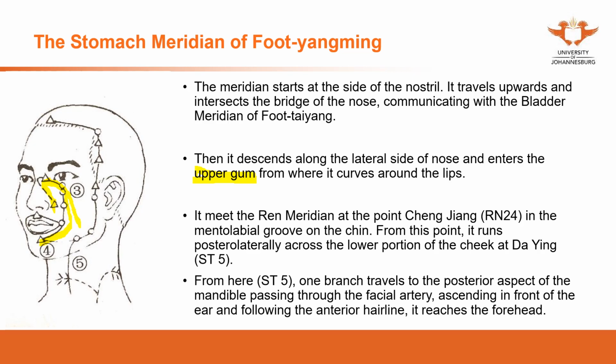lower gum. That's why in our clinics, if some patients suffer from upper gum problem or lower gum problem, or even mouth problem or some dental problem, such as mouth ulcer, if the ulcer sits at the upper gum or at the lower gum, we might use different treatments towards stomach or large intestine.